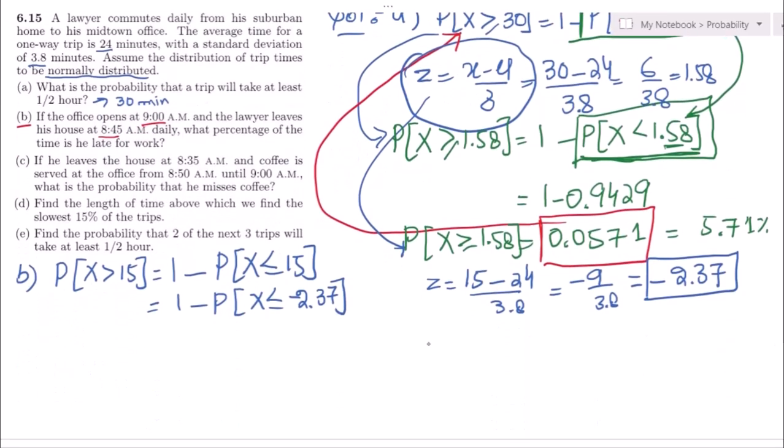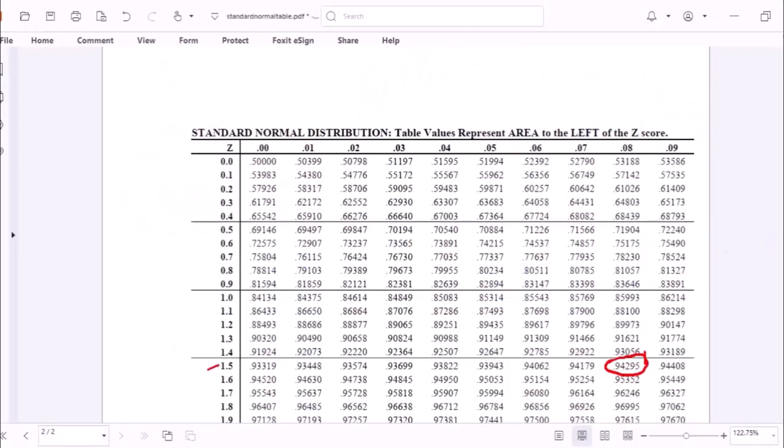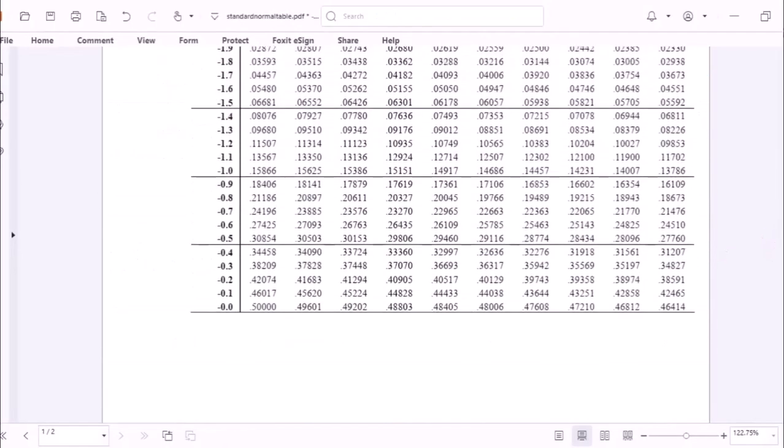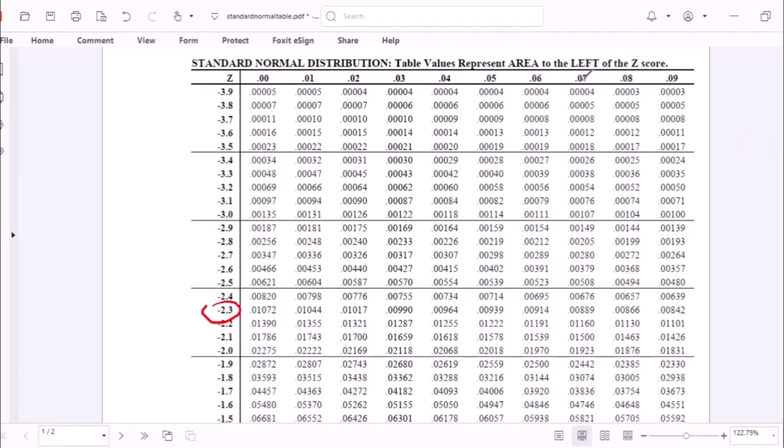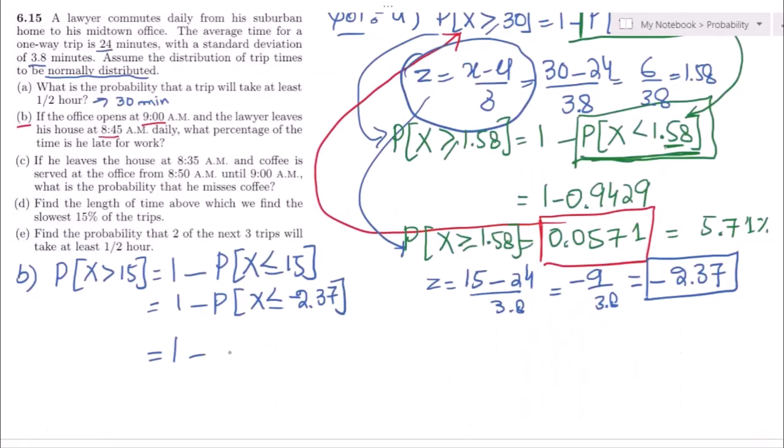Now let me move down, and here we find 1 minus the probability that x is less than or equal to minus 2.37 from the z distribution table. Minus 2.3 is here, and the column for 7 is this one. So minus 2.37 is 0.00889.